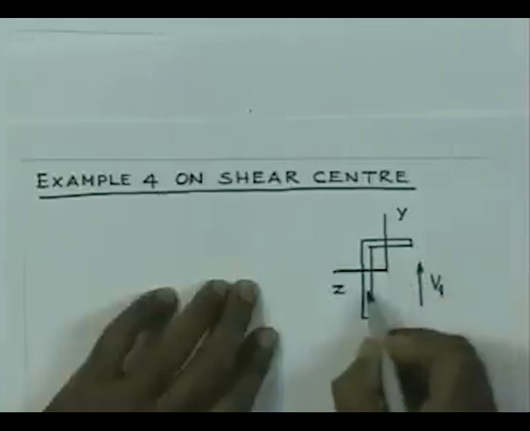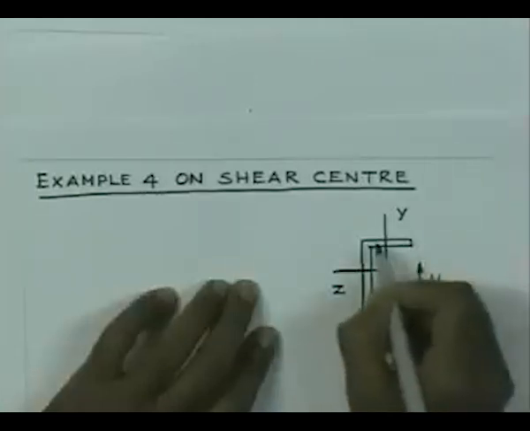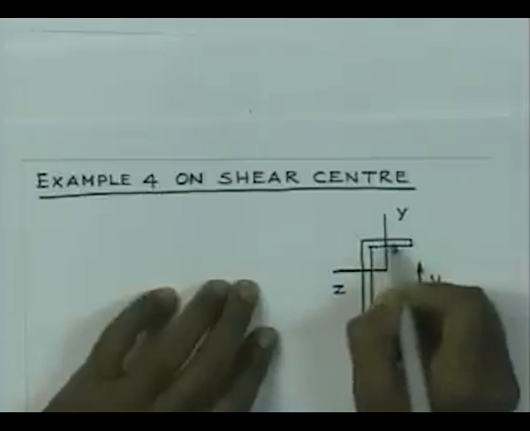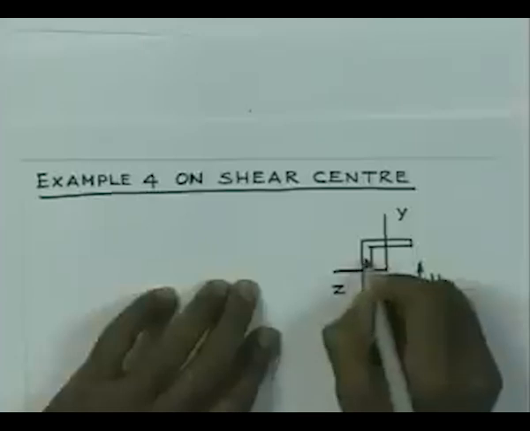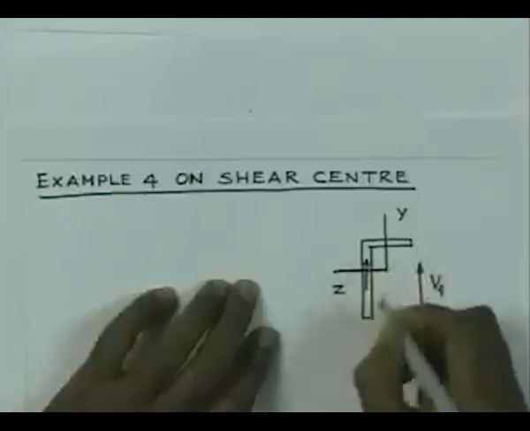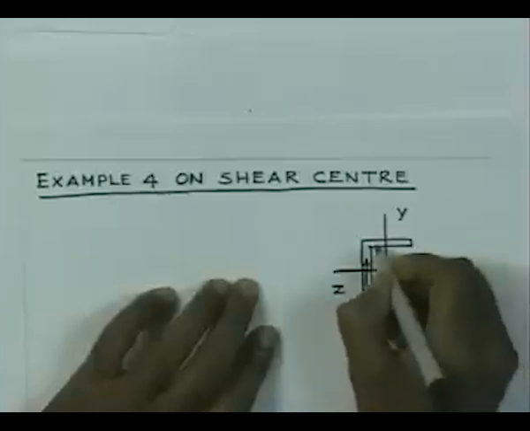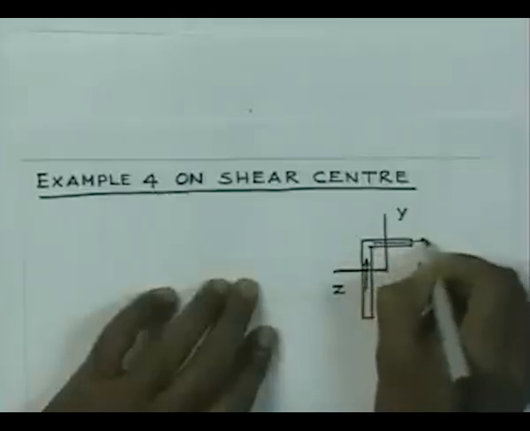I have to see that the shear forces which are going to come up here must actually be in balance. So, therefore, what we try to do here is see that it is going to give rise to a force here on this leg and a force here on this leg.